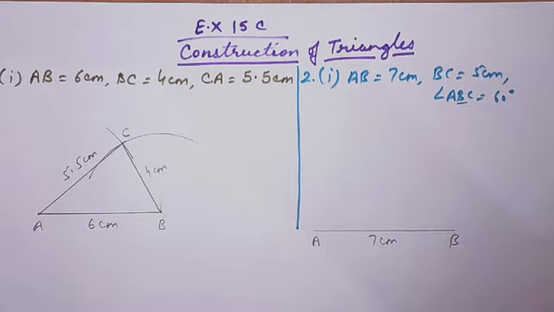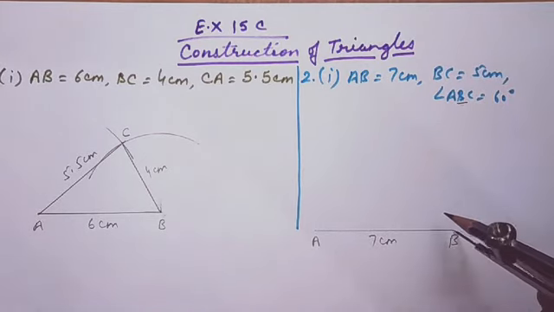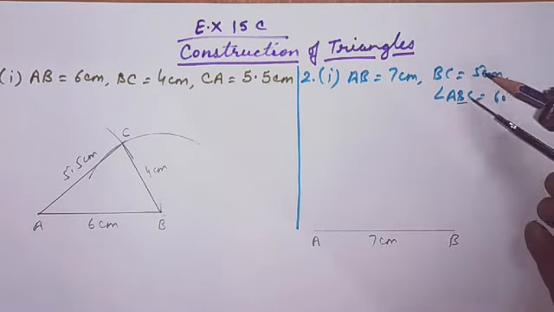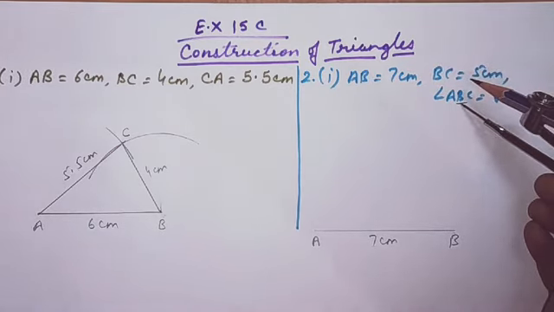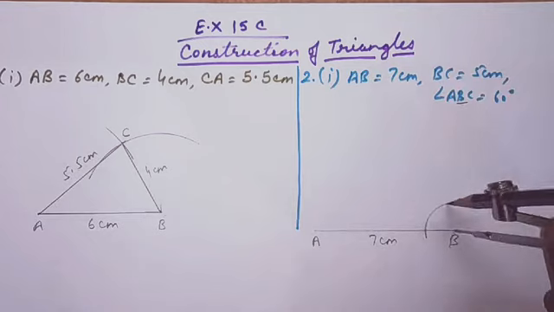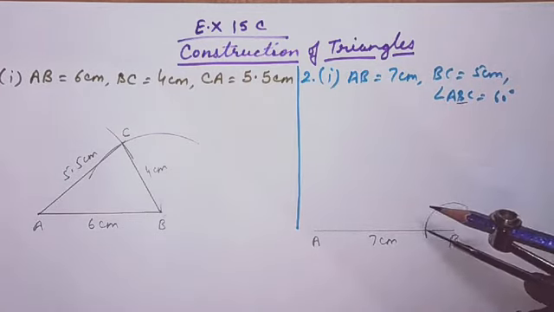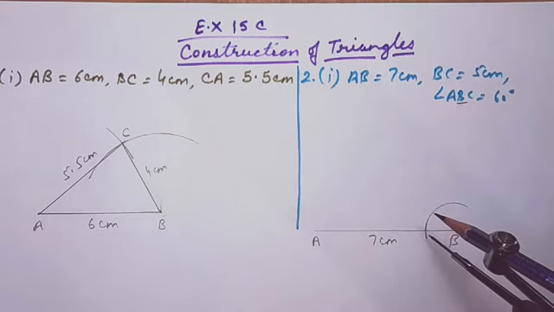Now how to construct the angle of 60 degree with the compass? You will open the compass at any length of your choice. Okay, I have opened it this much. Now I will place the tip of the compass here at point B because my angle will be formed at point B. Okay, I have opened compass of any length and marked an arc which intersects AB at one point.